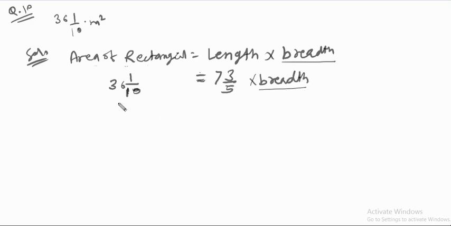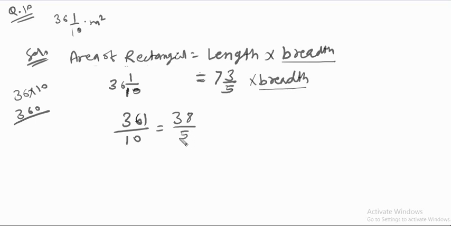Now convert it into the form of a rational number. 36 into 10 is equal to 360, plus 1 will be equal to 361 upon 10. Then 5 7s are 35 plus 3 is equal to 38. 38 upon 5 into breadth.